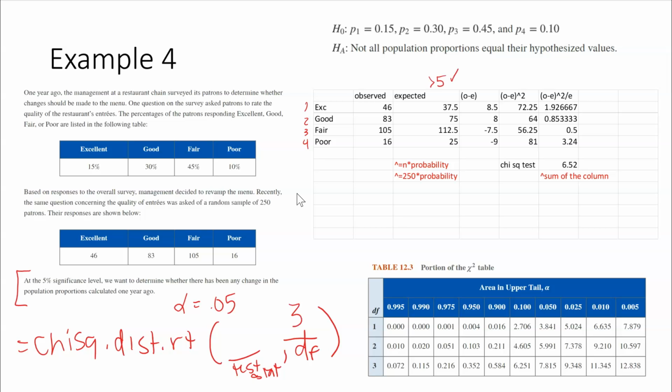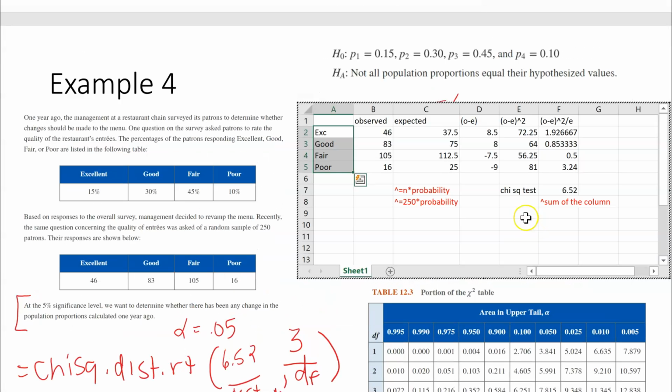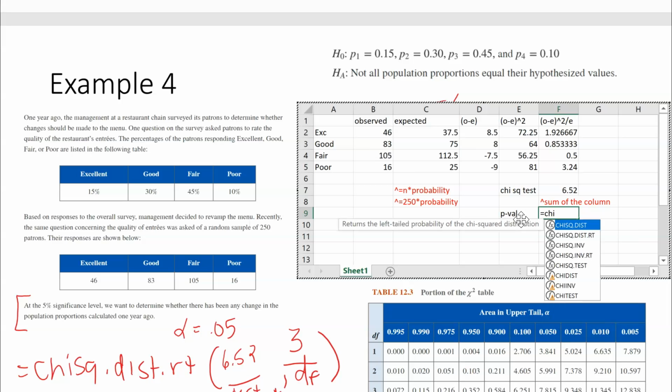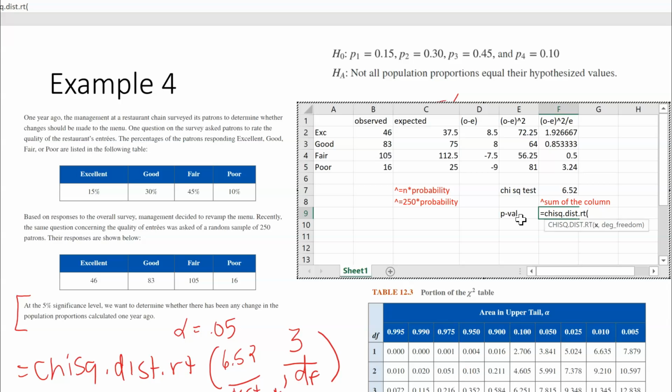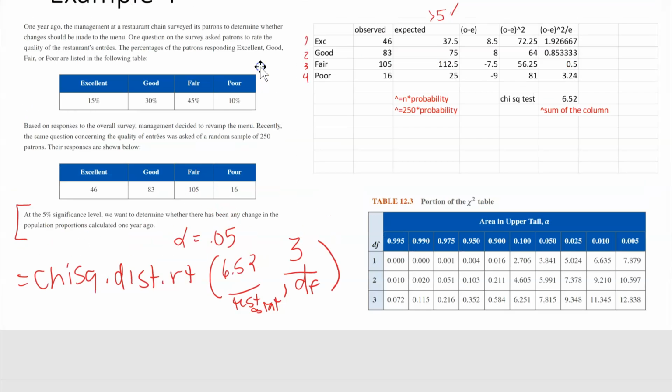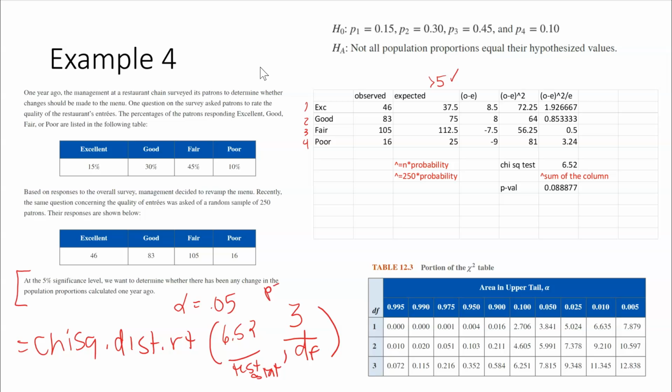So our degrees of freedom is going to be 3, and our test statistic is 6.52. So using Excel, we're going to find the p-value, which is going to be equal to chi-squared dist RT. And our x is 6.52, and our degrees of freedom is 3. And we get 0.0888. So our p-value is 0.0889.